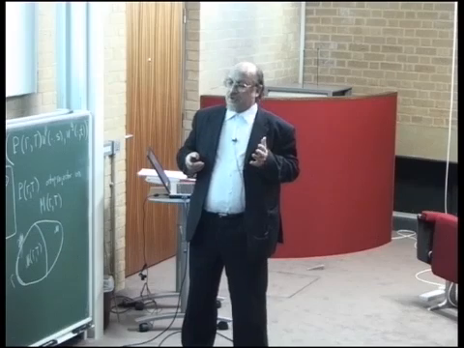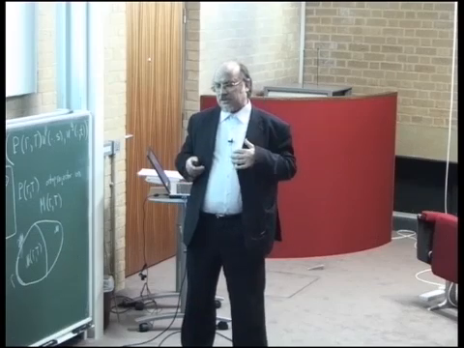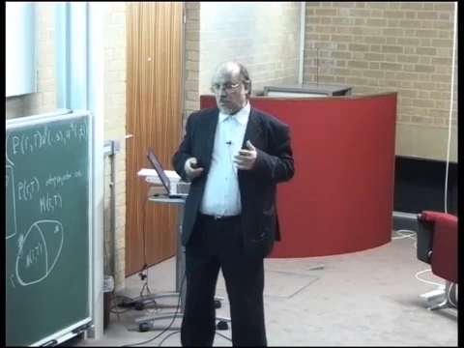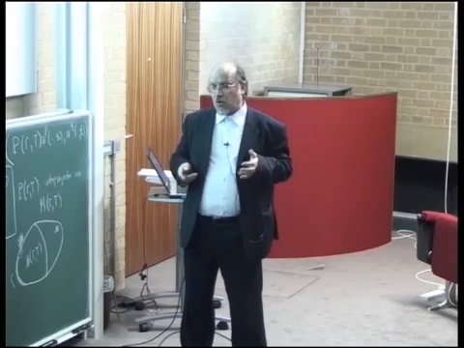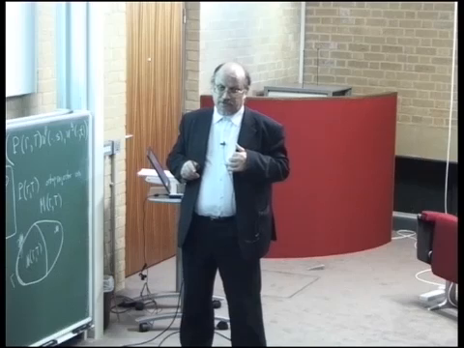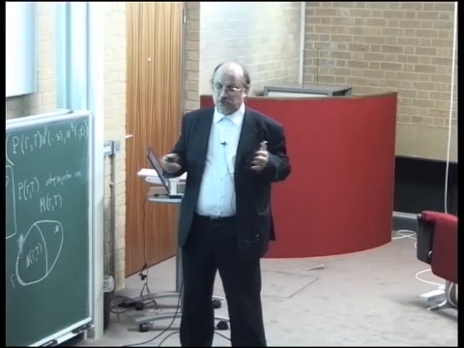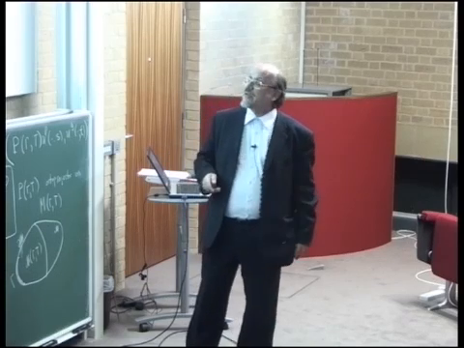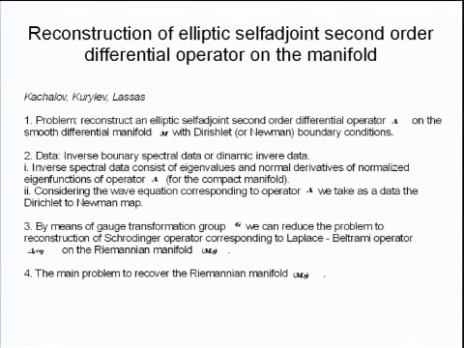One of them is eigenvalues of the operator for the compact case, and normal derivatives, for example, of the eigenfunctions for the Dirichlet problem, or traces on the boundary of eigenfunctions in the case of Neumann, or maybe more complicated differential boundary conditions. And we want to reconstruct the manifold and the operator.